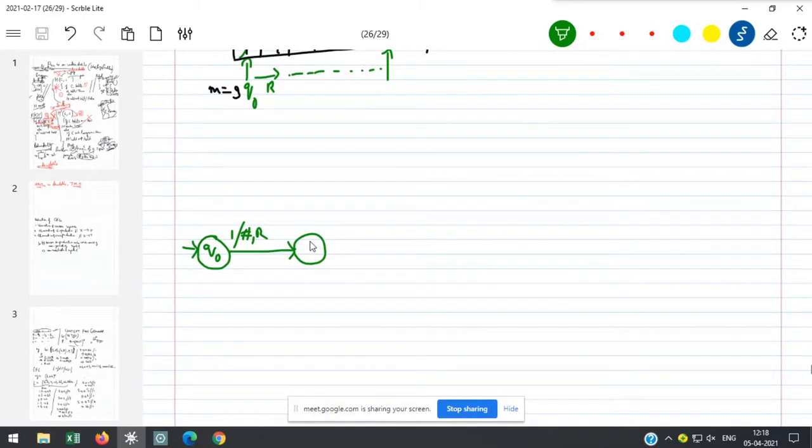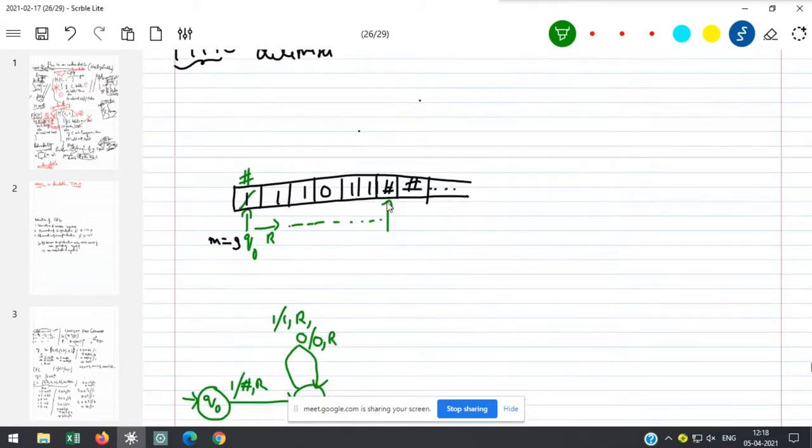So for this one, I'm going to insert a self loop here. While moving towards the right side, if you find 1, let it be as it is and keep moving right. Again, if you find 0, do not disturb it, and keep moving towards the right side till you find hash.